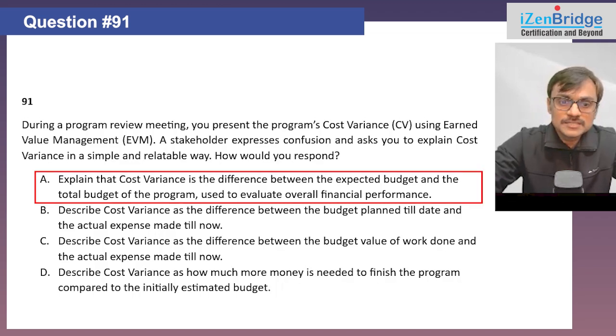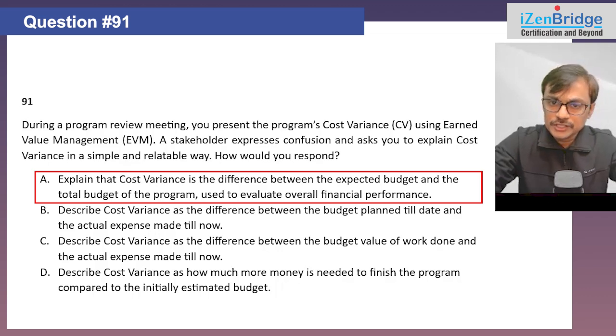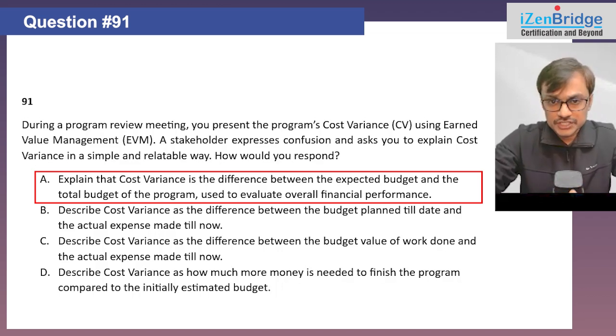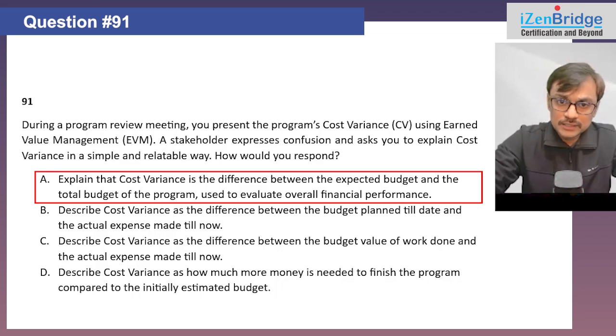Option A, explain that cost variance is the difference between the expected budget and the total budget of the program used to evaluate overall financial performance. So definitely this is not the cost variance. There is a possibility that such a thing can be called variance at completion.